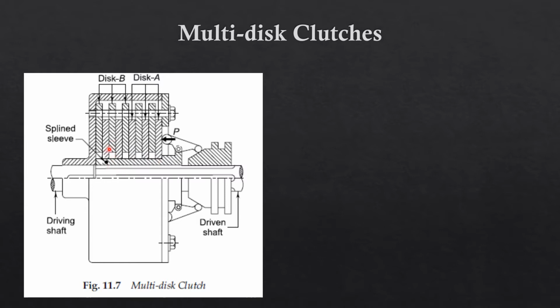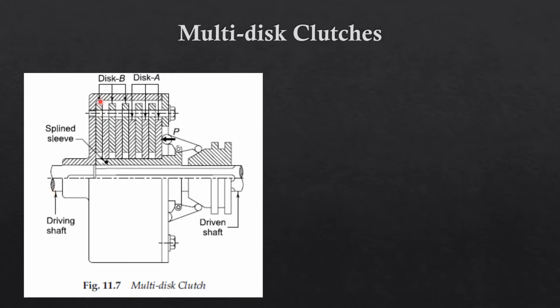Now the discs that you see are categorized into disc A and disc B. Discs A are those which are connected to the driven shaft. There is a splined sleeve here, and disc A are connected to the driven shaft, and disc B are connected to the drum, which in turn is fixed to the driving shaft.